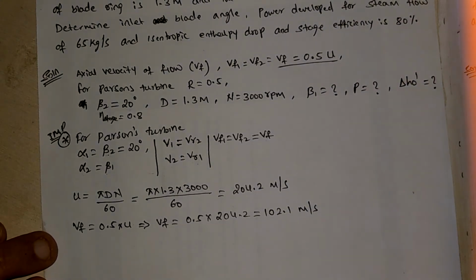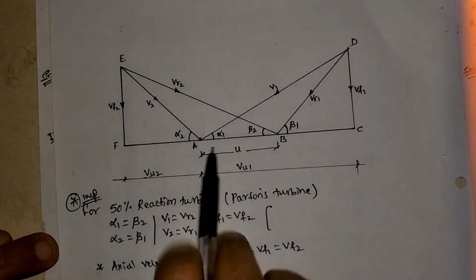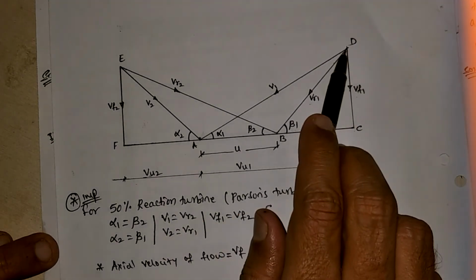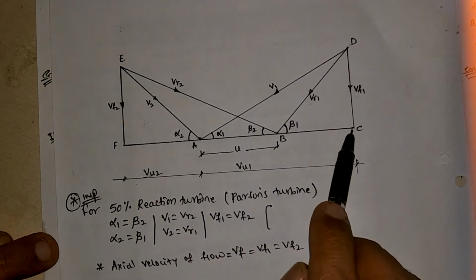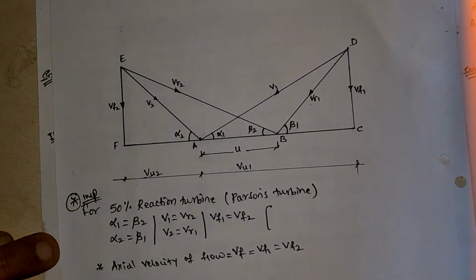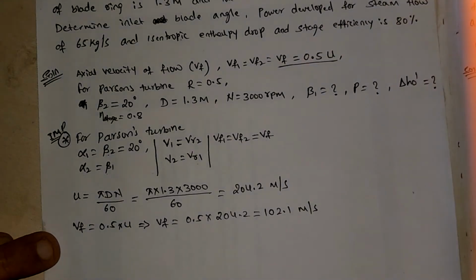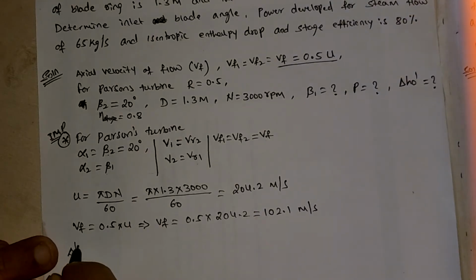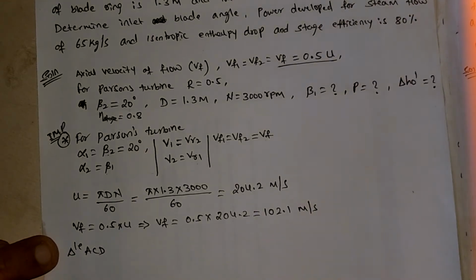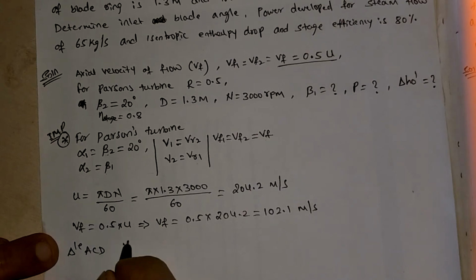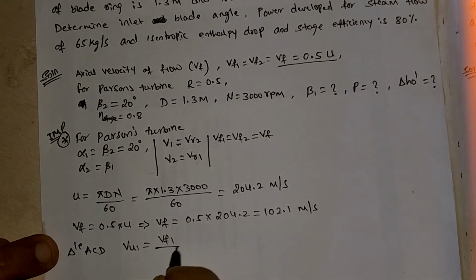So now consider triangle ACD. In this triangle you consider A, C and D. So Vu1 is equal to Vf1 divided by tan of alpha 1, right?